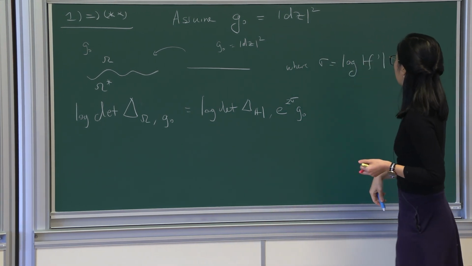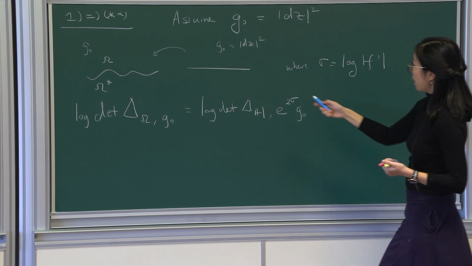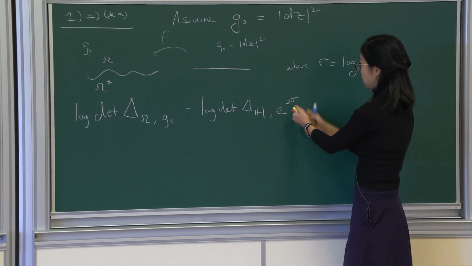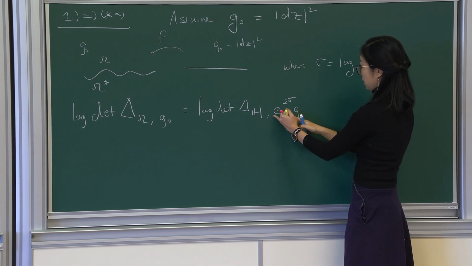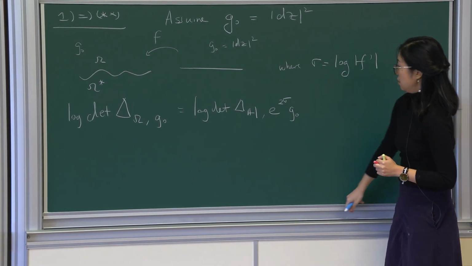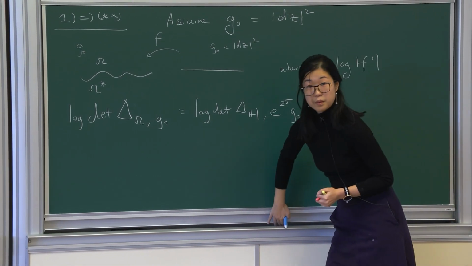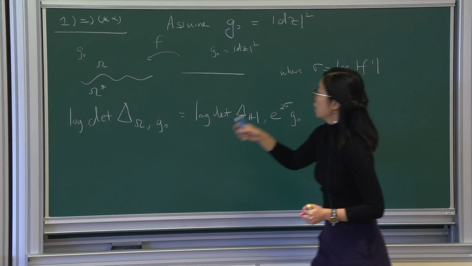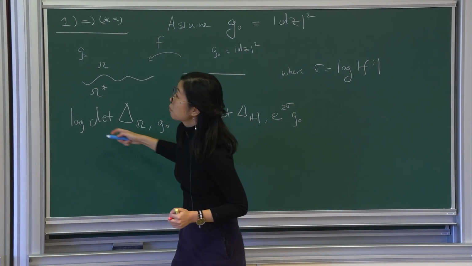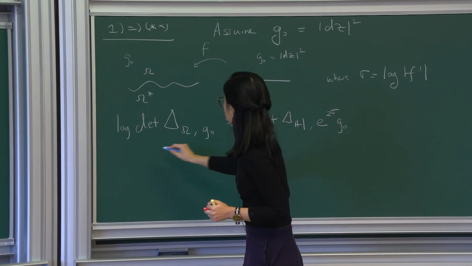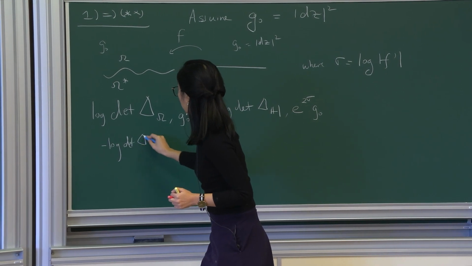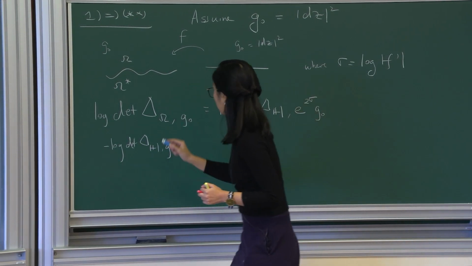Right, f is a conformal map, so if you pull back the metric, it will be multiplied by f prime squared. All right, if I take the difference, I'm going to do this minus the log determinant of the Laplacian in the upper half plane with g naught.